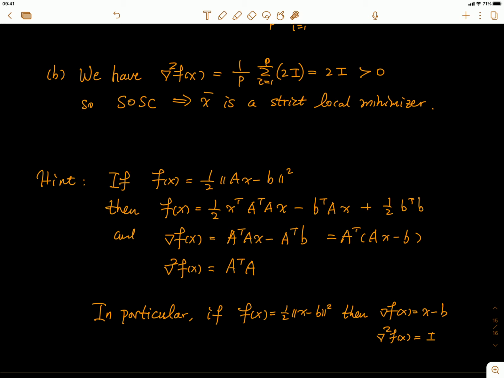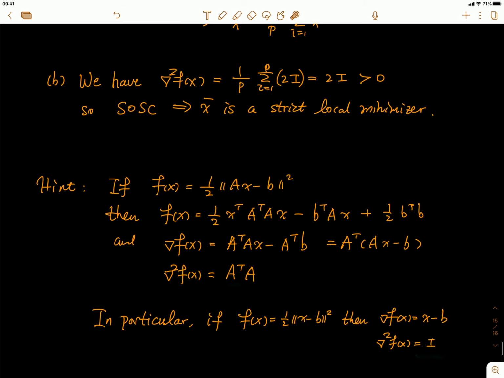In a special case, A is the identity matrix. In that case, we have f of x equals that. The gradient will be just I x minus b, which is just x minus b. And the Hessian of that will be just I transpose I, which is just I here.